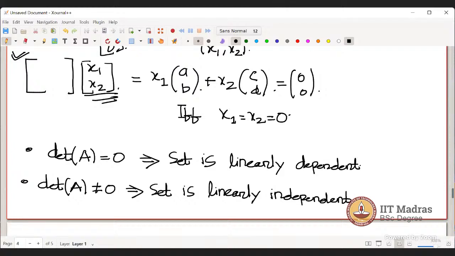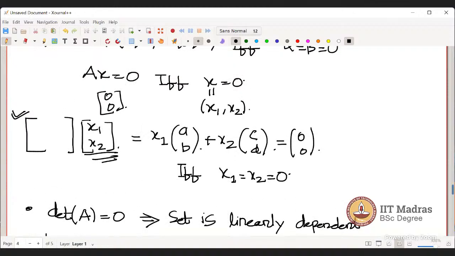I have two doubts in this. Can I ask now? You have written X1 (A, B) plus X2 (C, D) equals the 0 matrix, right?